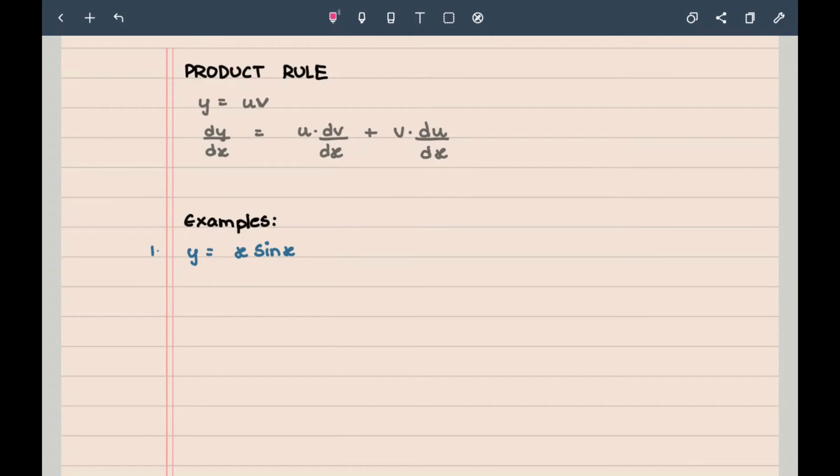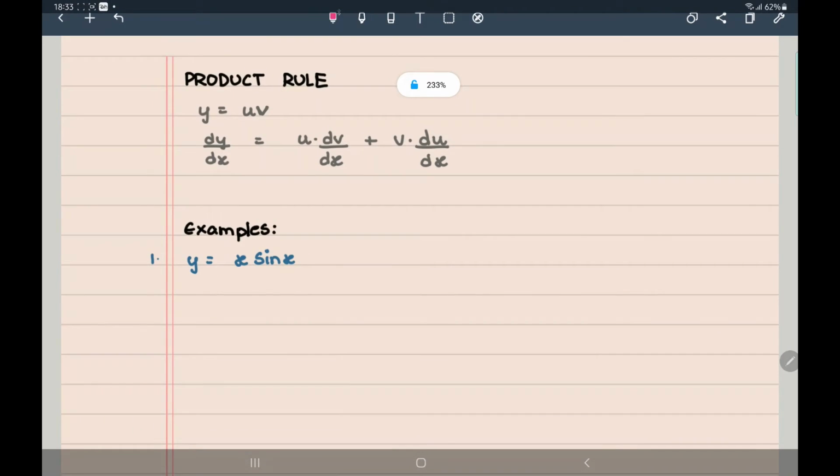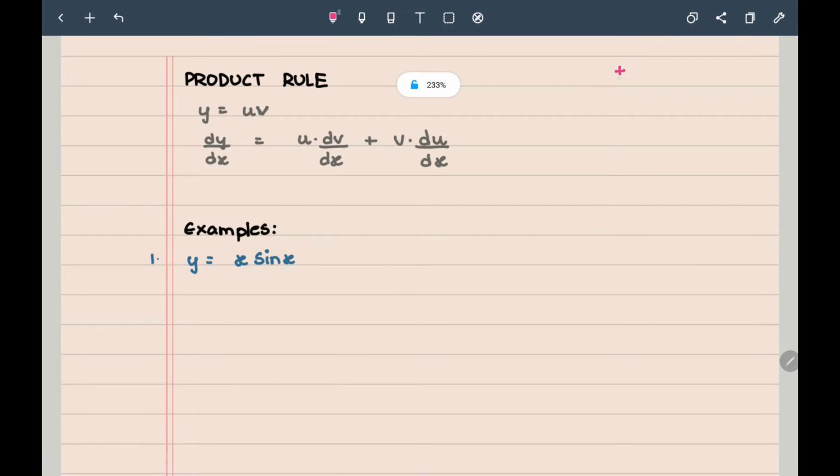So the next concept we have is product rule. Initially in our previous video we have learned that if there is an operation called addition or subtraction between two functions, we have simply derived that by this formula, d by dx of u plus or minus d by dx of v.